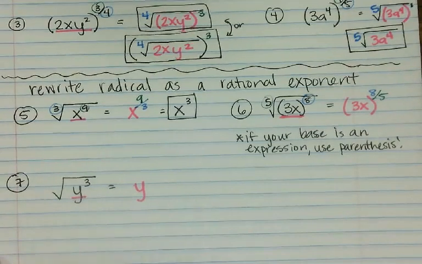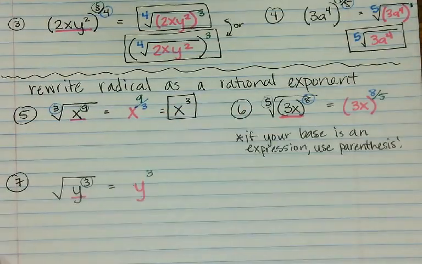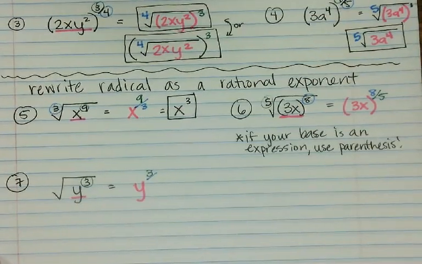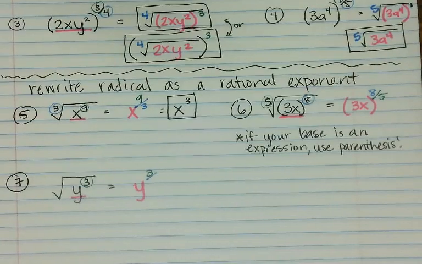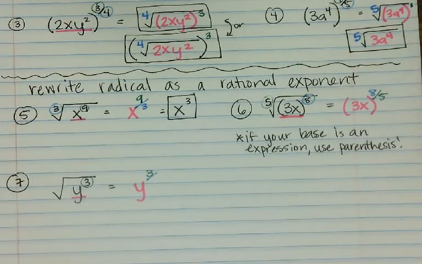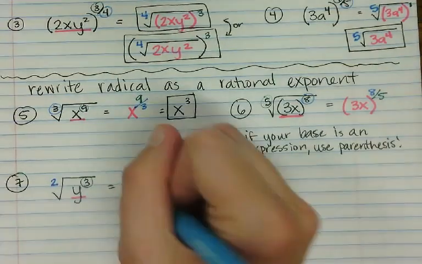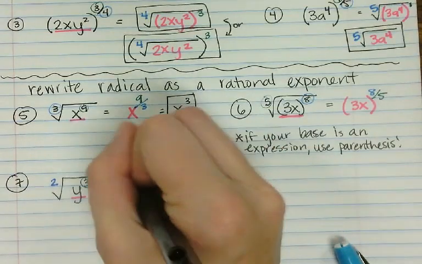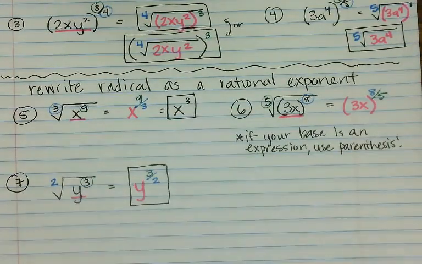Then what is the top of my exponent going to be? 3. And then this one is fun. What's the bottom of my exponent going to be? Usually if there's an invisible number, it's 1. But y'all, this is a square root, and so your invisible number in this case is a 2.